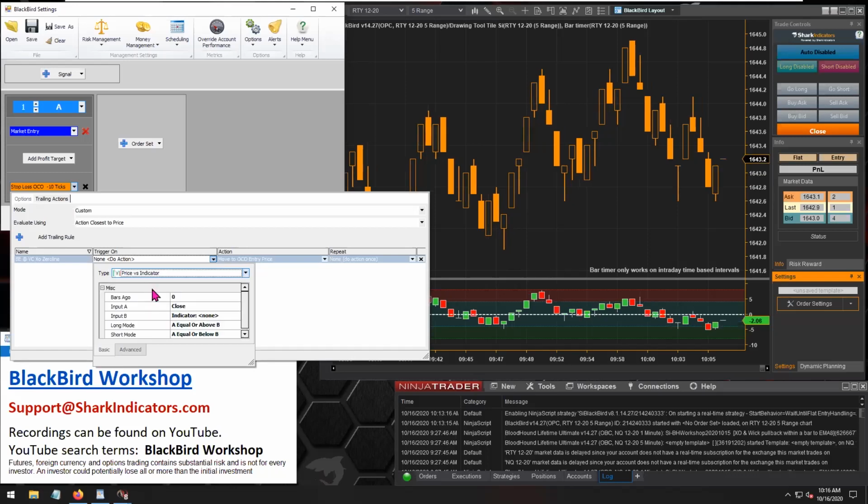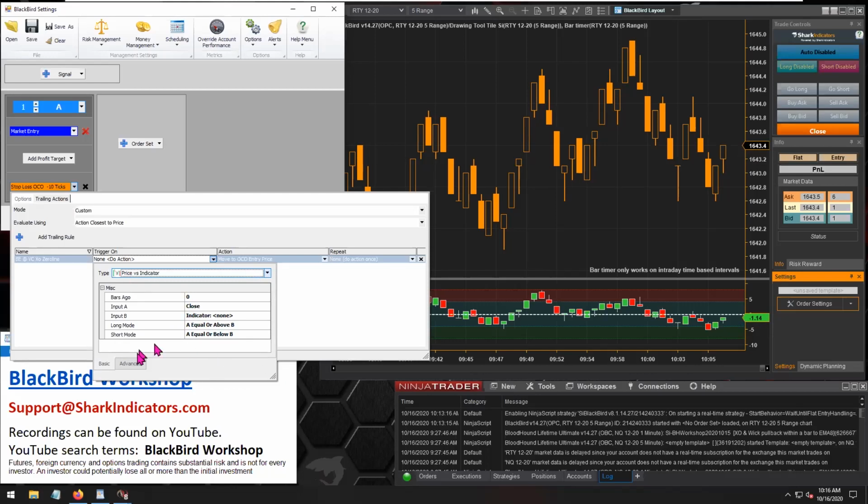So we're not actually monitoring price, we're monitoring an indicator value versus a threshold value. Actually, sorry, it's not price versus indicator. We want indicator value. There we go, indicator value is what we want there.